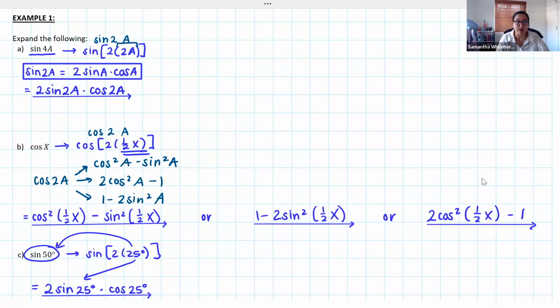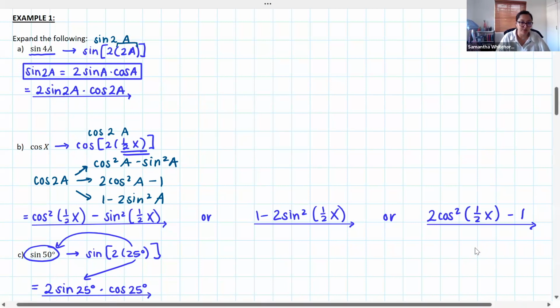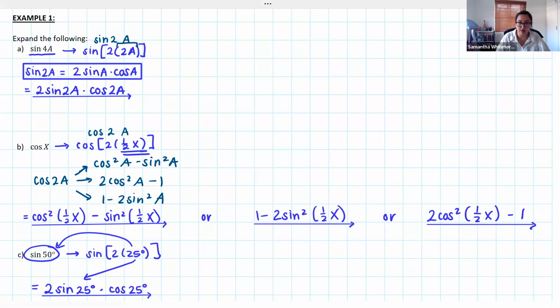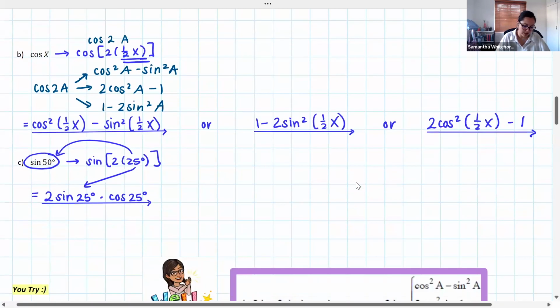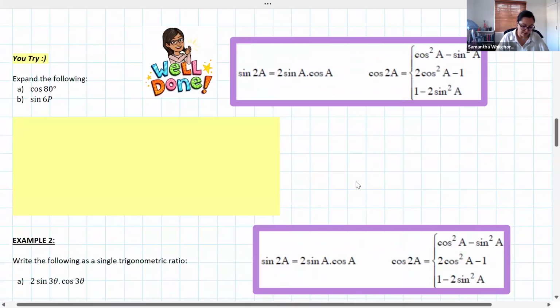Especially with double angles, there are a few little curveballs we like to throw at you, and you need to be able to deal with them. And remember, guys, if you have questions, please just ask as I go along. Right, you should have got screenshots, and you are going to try these 2 here for me.